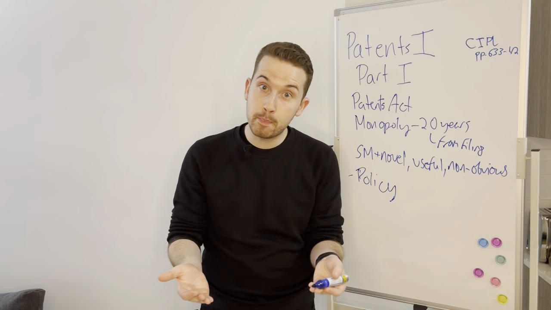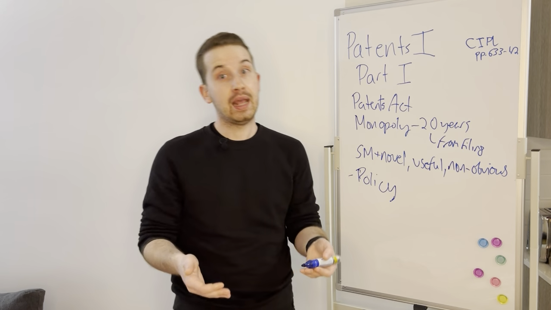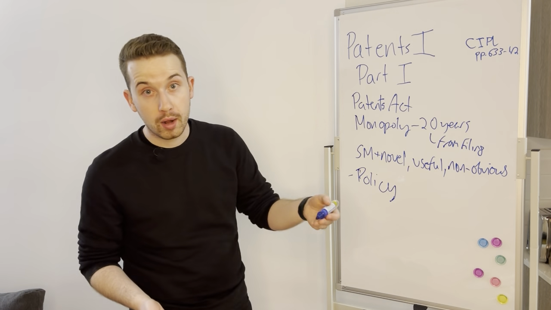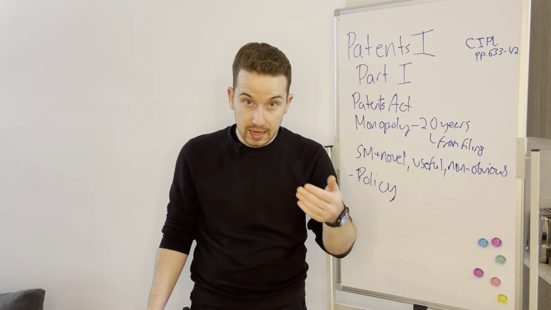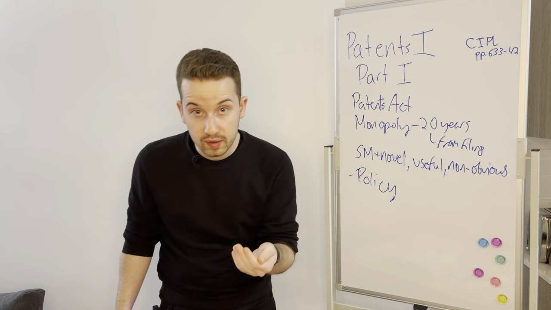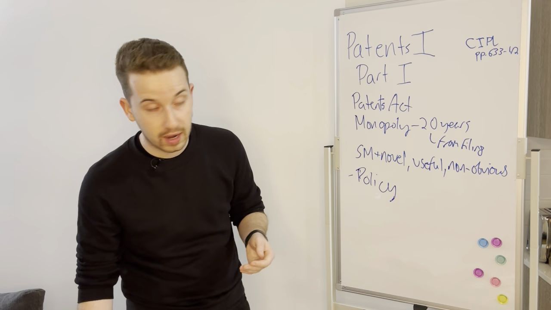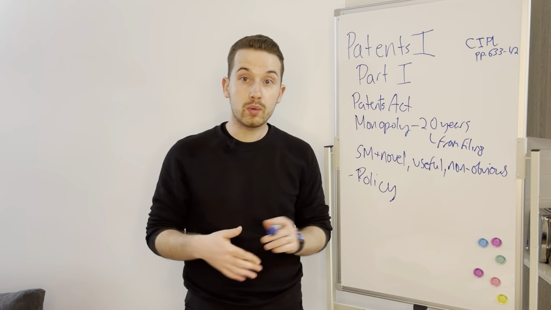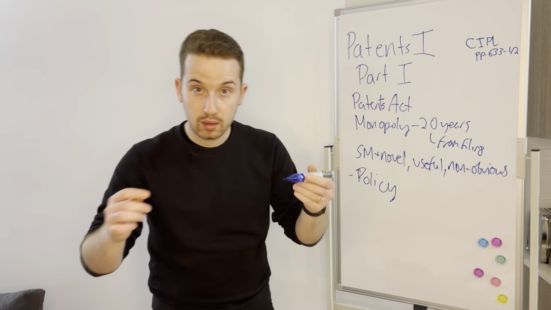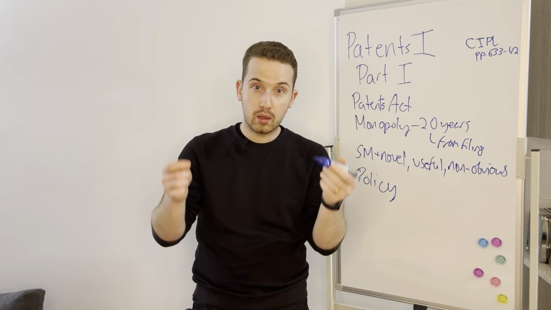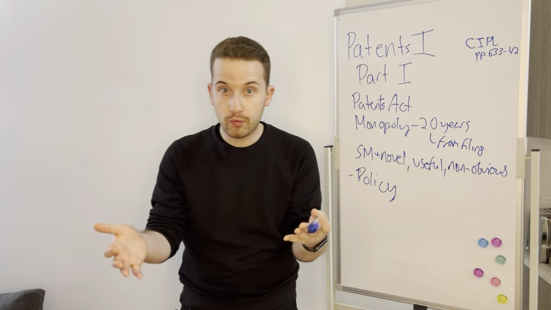So what's the policy concern under patent law? Well, it's much easier to see, right? The policy concern is we want people to invent things. And there's a very utilitarian aspect to this, right? It's not like copyright where we want people to write books, right? Books are important. But this is, we want people to invent things because that's how society moves forward, right?